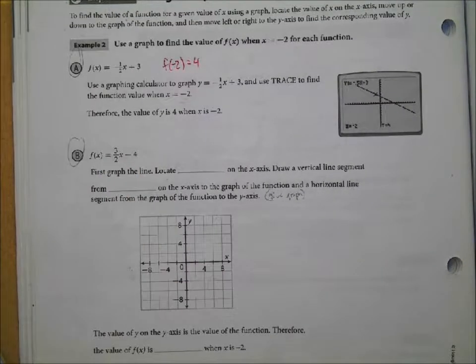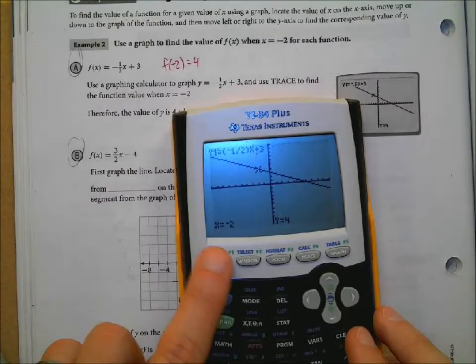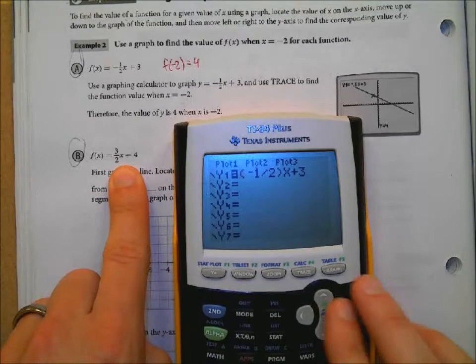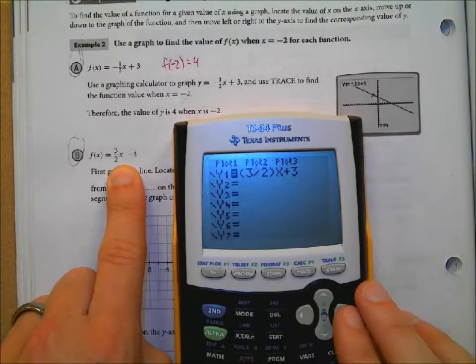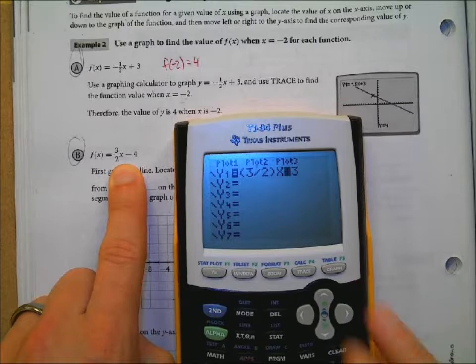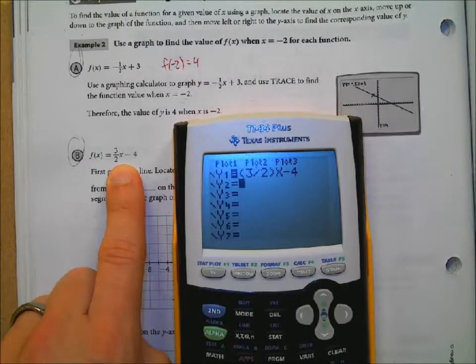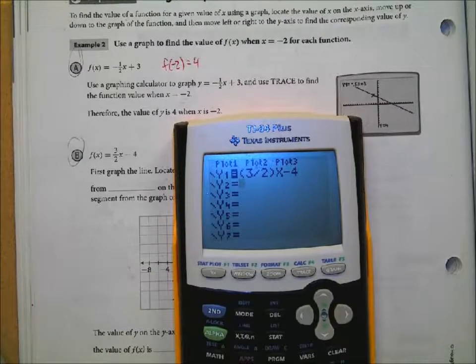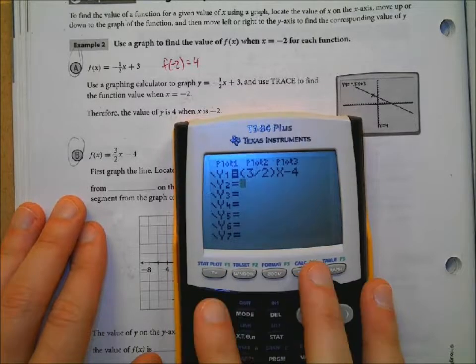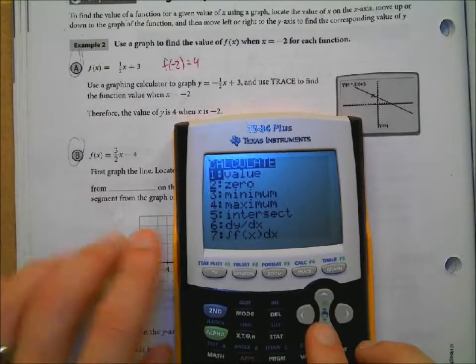Okay, letter B, we're going to have to change our function now. So go back to your y equals. Change this to 3/2 x minus 4. Okay, so again, type in 3/2 x minus 4 here. Second trace, we'll go to value again.